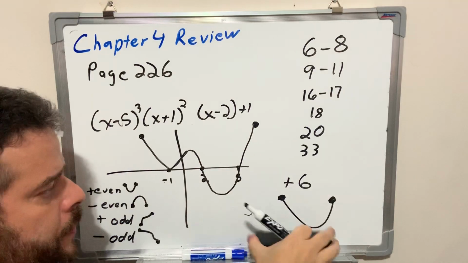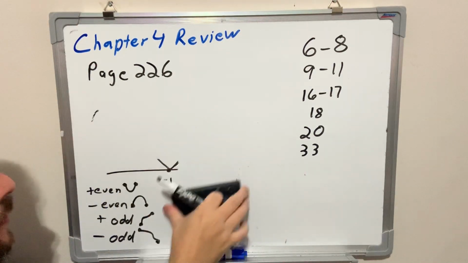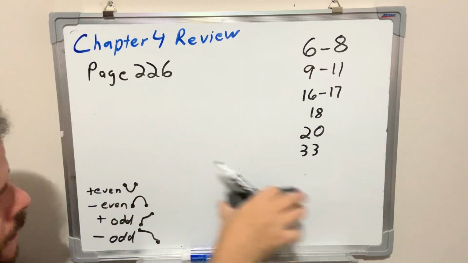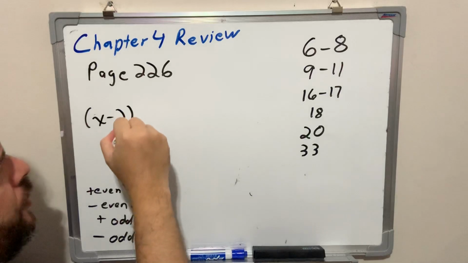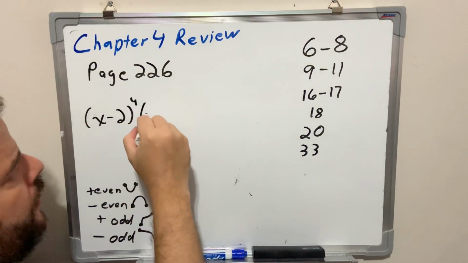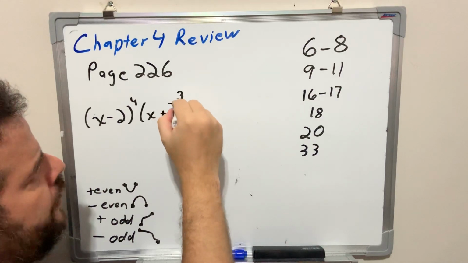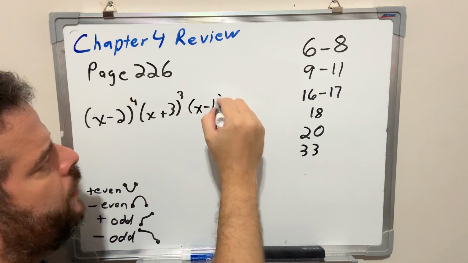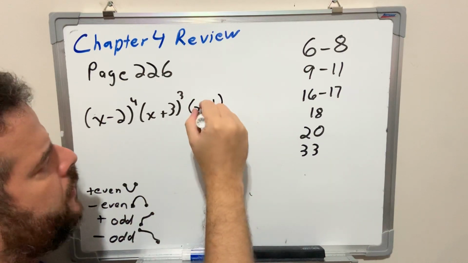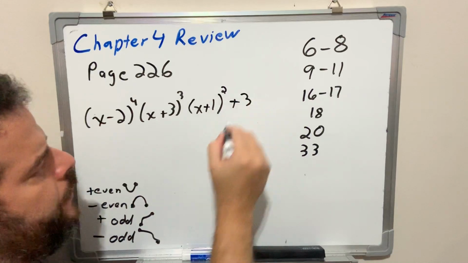Let's do another example. x minus 2 to the fourth, x plus 3 to the third, x minus 1, x plus 1 to the second, plus 3.